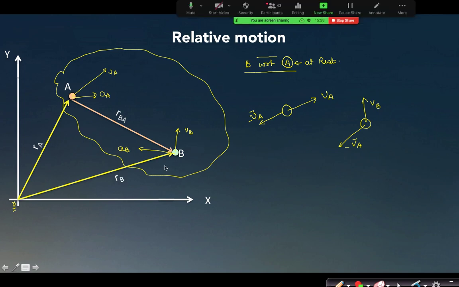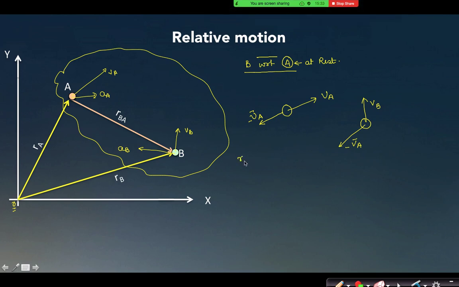Yes, that is represented by the vector RBA. The position vector of B with respect to A is nothing but the position vector of B minus the position vector of A, right? So that is RBA.